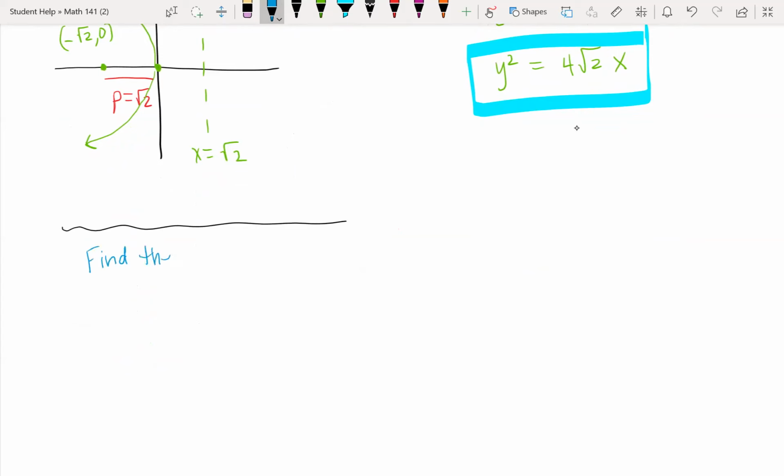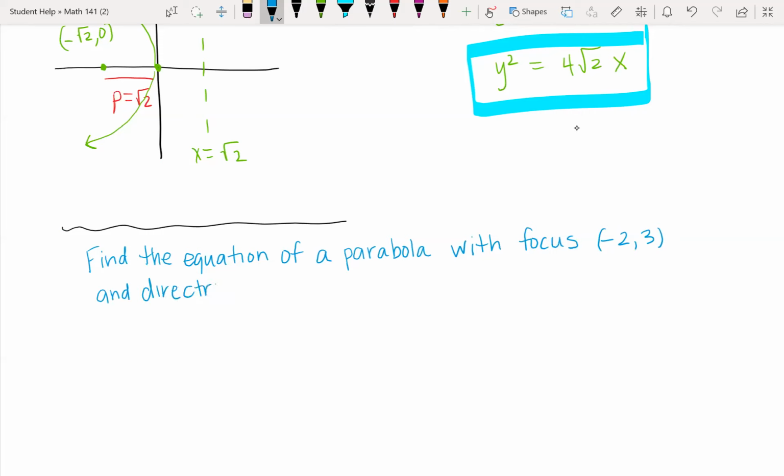Find the equation of a parabola with focus point -2, 3 and directrix at y equals -3.